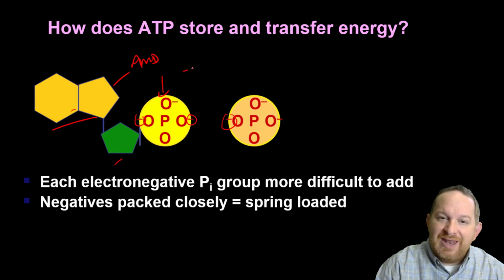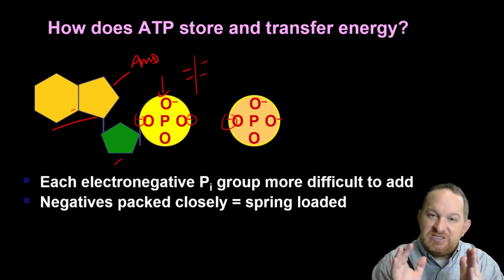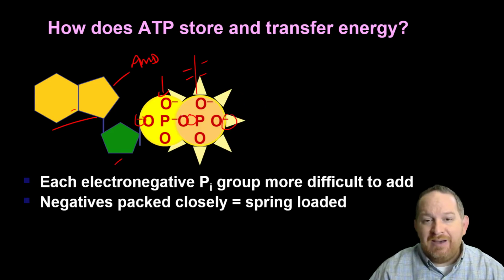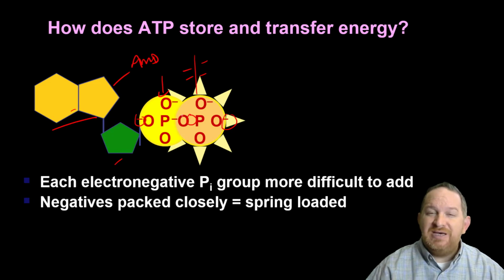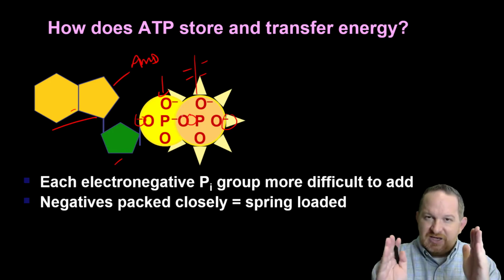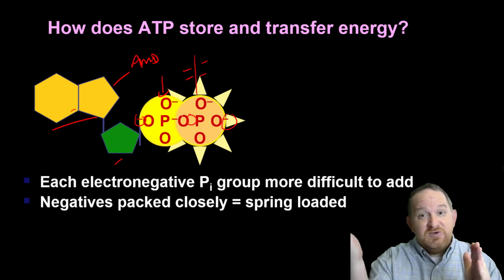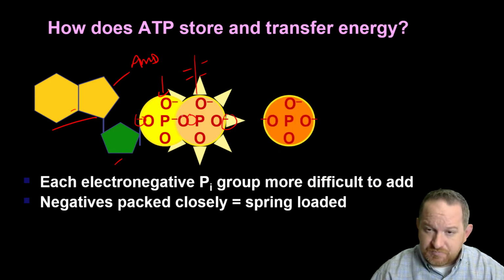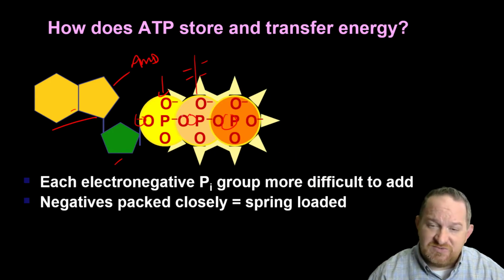And we know that negatives repel each other. So as we put more negatives and pack them, sort of like spring loading them, energy is stored in this molecule, because these things really are like a spring. The more you push those negatives together, the more they don't want to be close, so they're ready to fly off and do some work. So when we add that third phosphate, now we have ATP.